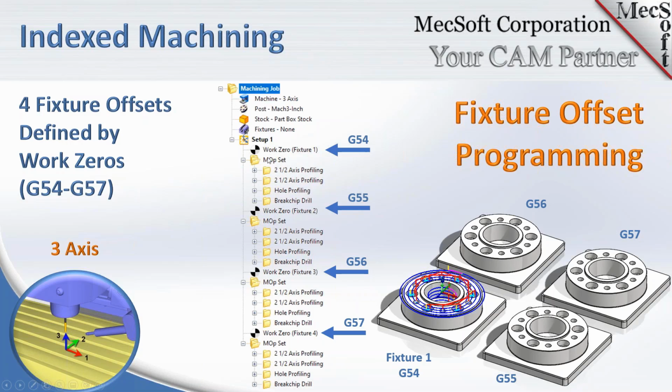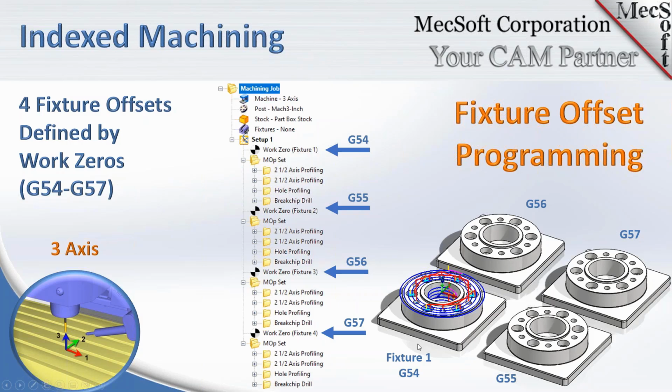And you do that by defining a work 0. So what we're doing here is we're defining a work 0 for each one of these parts. And then we're assigning that work 0 as a fixture offset number. And that G54, etc., will be posted out, allowing your machine to understand that you're machining a second instance setup.